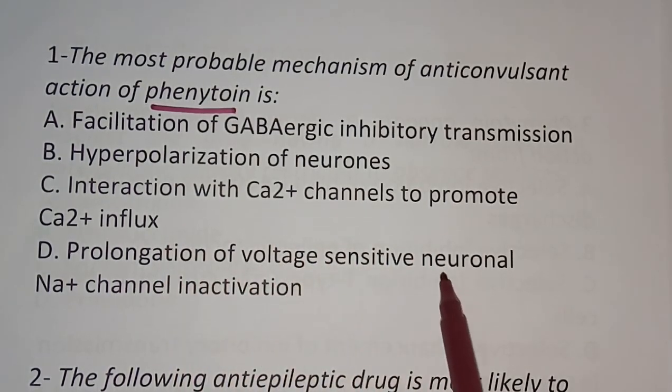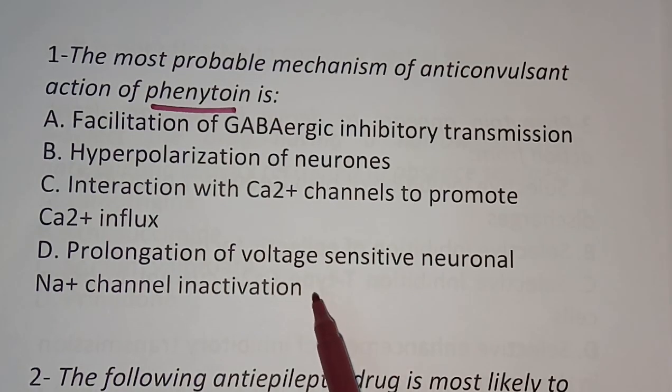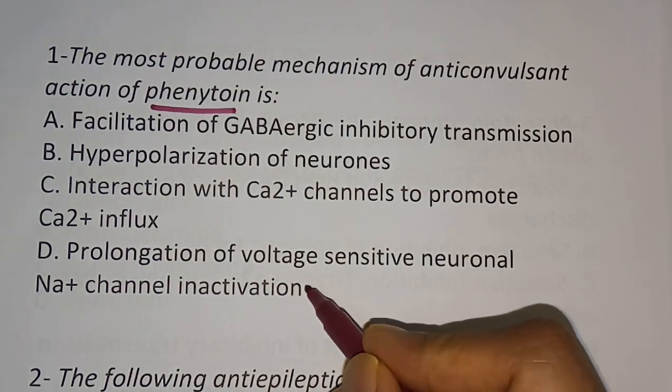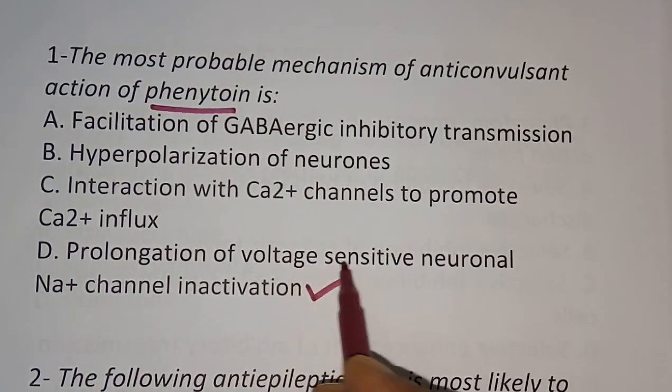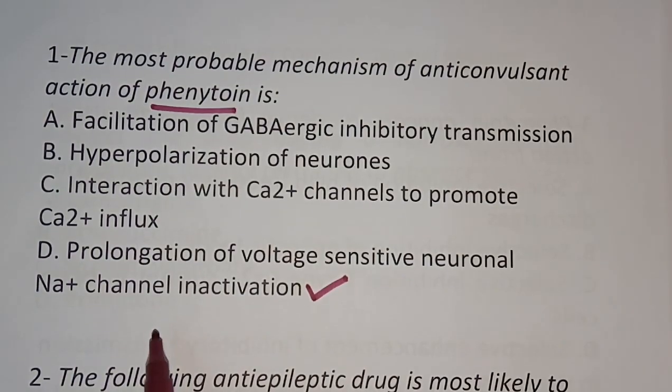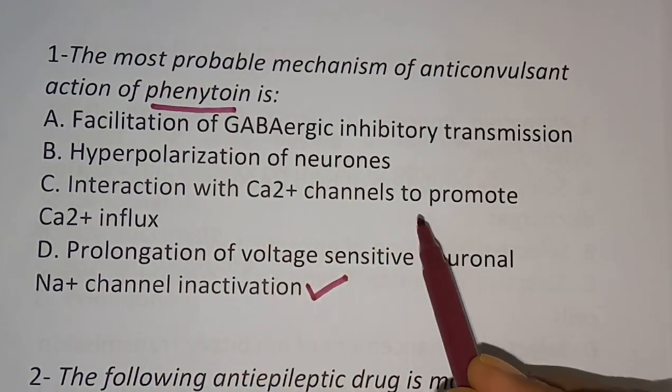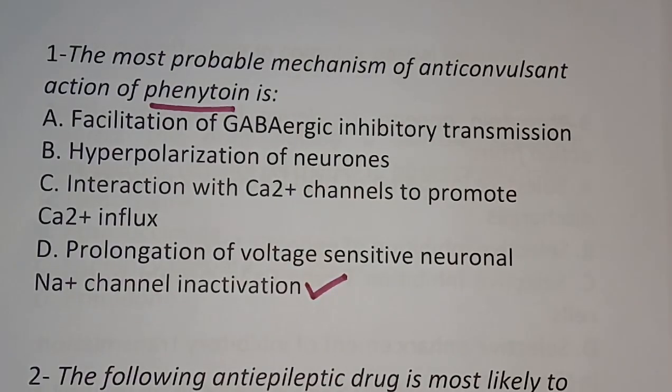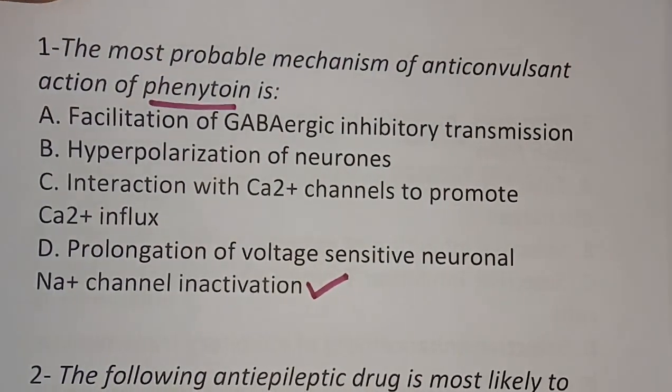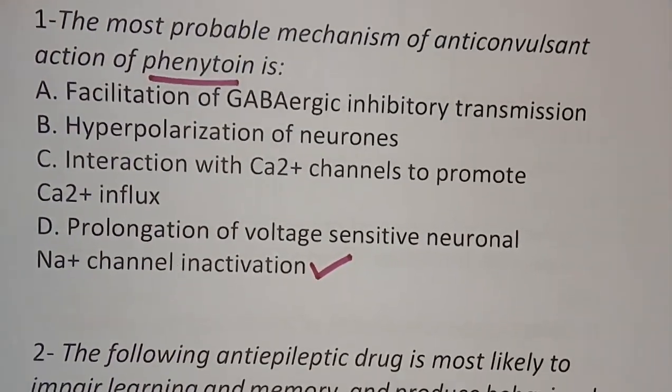Option D, prolongation of voltage sensitive neuronal sodium channel inactivation. The correct answer for this question is option D, prolongation of sodium channel inactivation is the mechanism of action of phenytoin. We will see the different mechanism of action of different anti-epileptic drugs here.